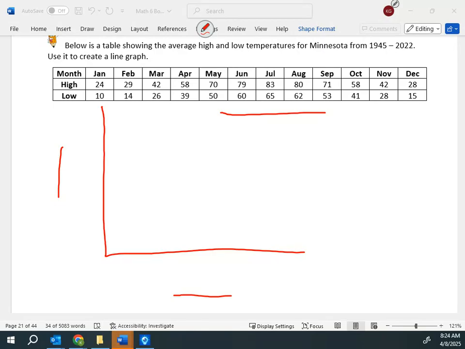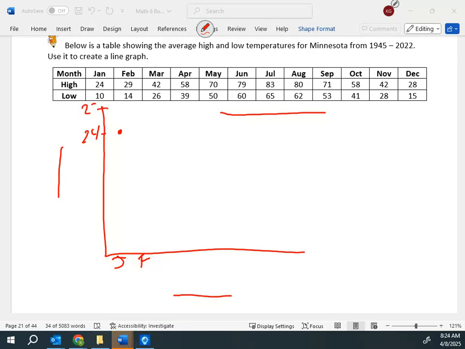Then you're going to plot each one of these. So for January, it was 24, so you would put a point there. If this is January, if this is where the 24 is, you would put a point. Then you would go to February, it was 29.